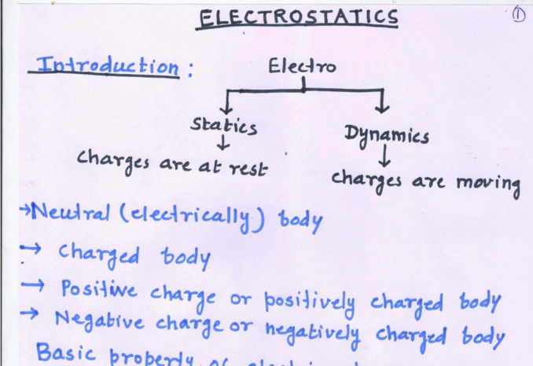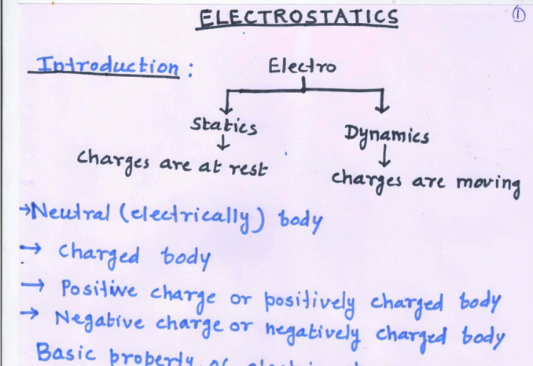Is that clear? So which type of charge is present here? If we add electrons, then the number of electrons is more than the number of protons, so the negative charge exceeds the positive charge. We say the body is negatively charged, or the charge of the body is negative.